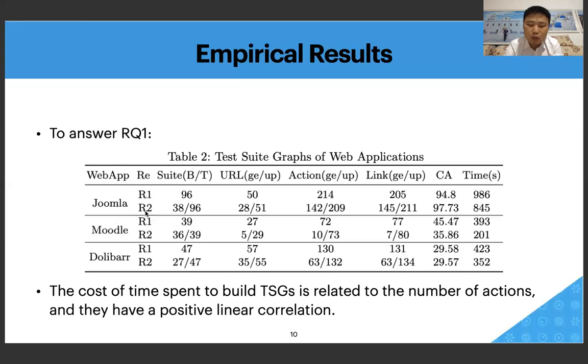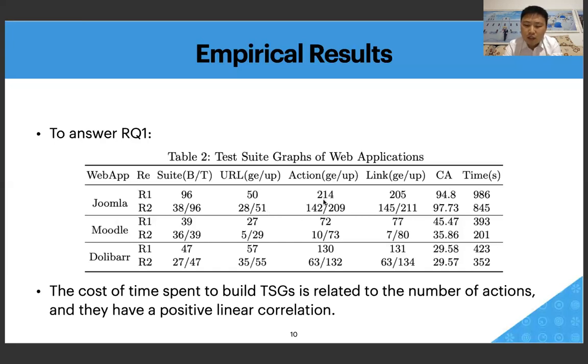But for release 2, we run the test suite on release 2, and 38 were broken. For the URLs, we record the URLs, but due to the broken actions, the URLs are not enough. And during the update process, we can generate all the URLs.